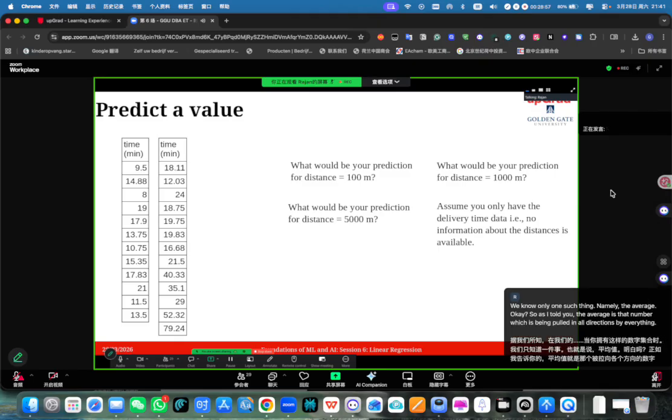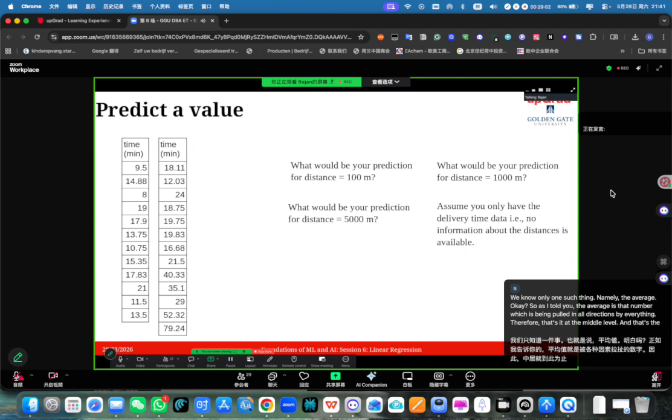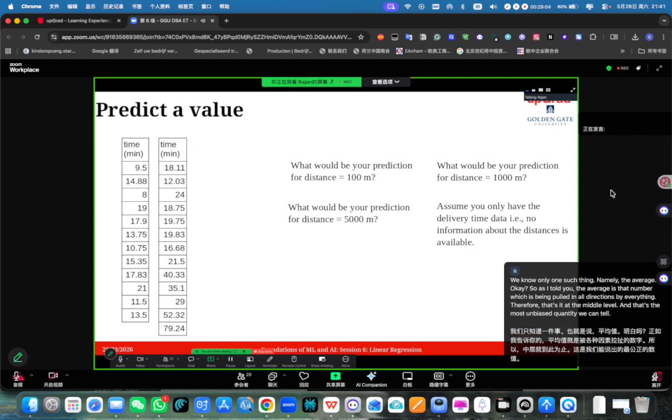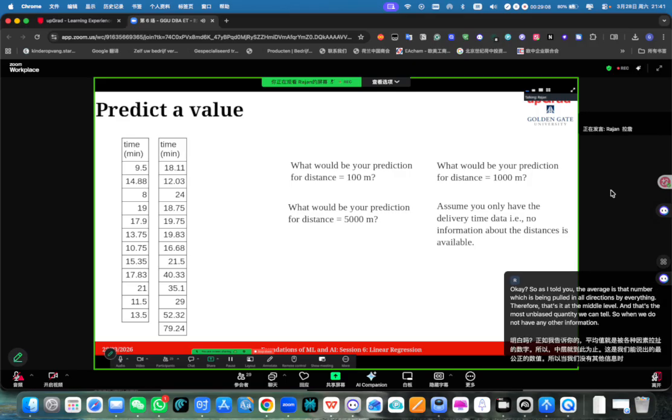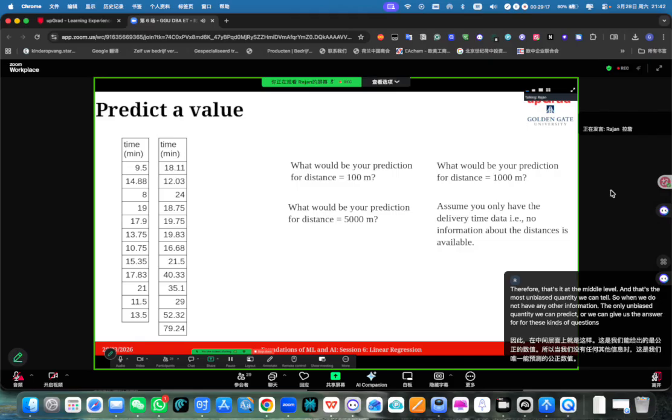Therefore, it's set at the middle level, and that's the most unbiased quantity we can tell. So when we do not have any other information, the only unbiased quantity we can give as the answer for these kinds of questions is the average, that is the mean. Everything else will have some kind of bias brought in there.